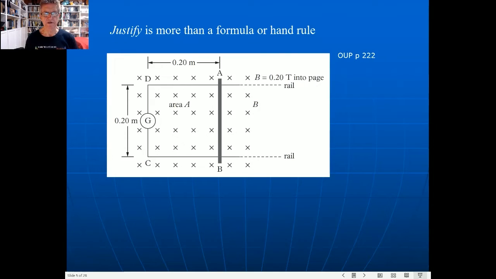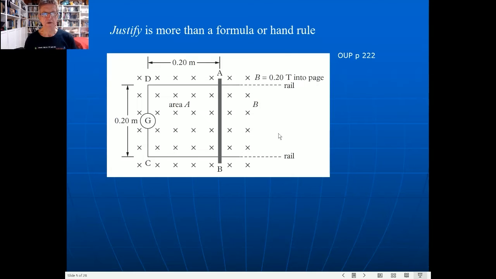So here all it is is a U-shaped loop of wire and a bar across the middle, and that bar is pulled sideways.